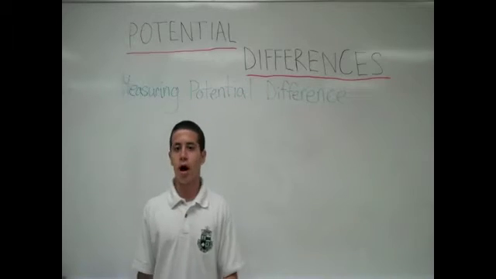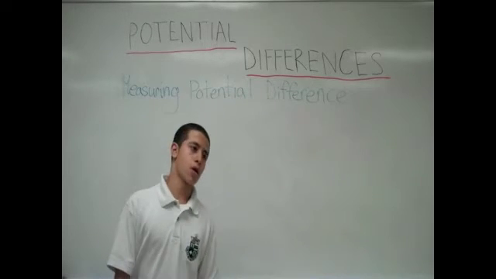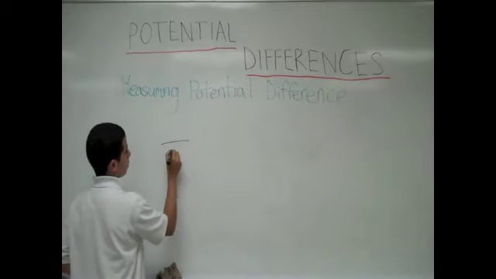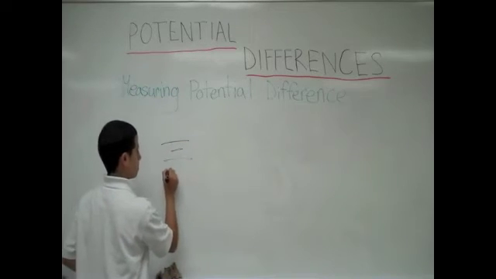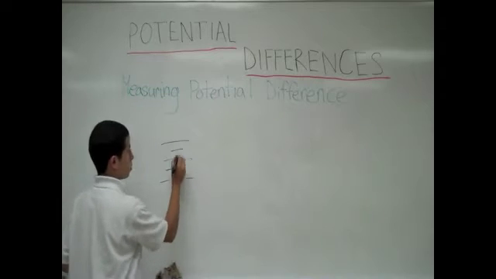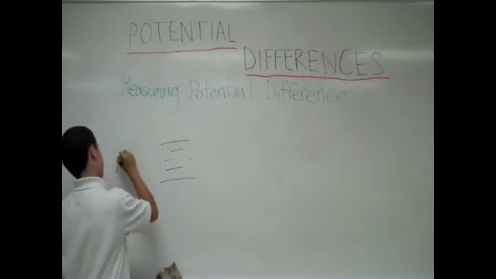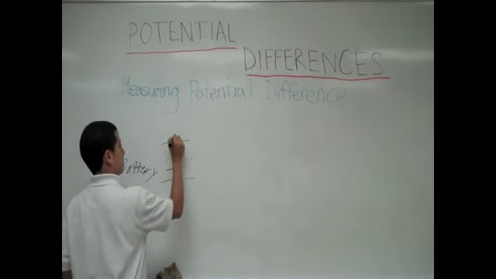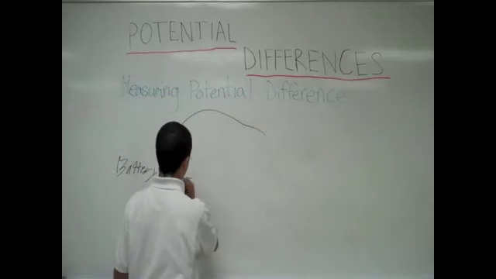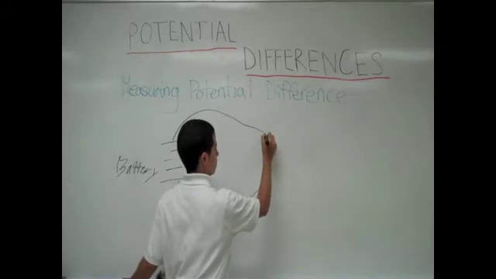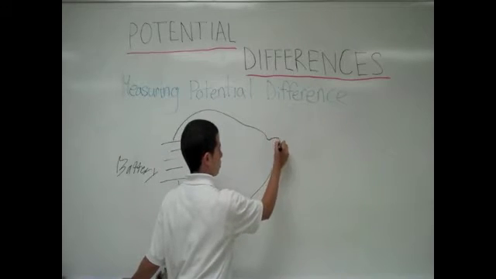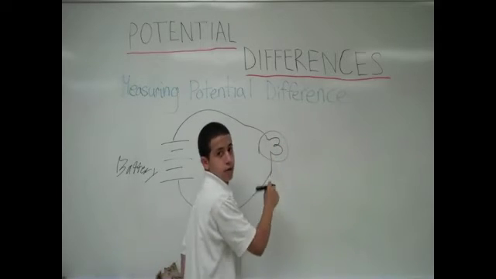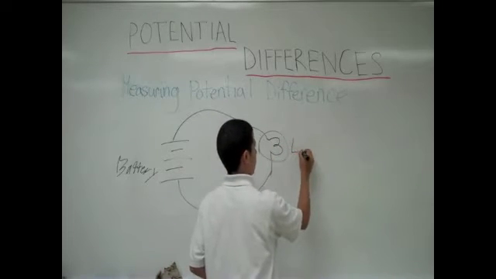So now we'll be talking about how to measure potential differences in a circuit. So here, I'll draw a simple circuit. This is the symbol for a battery, and this is a light bulb.